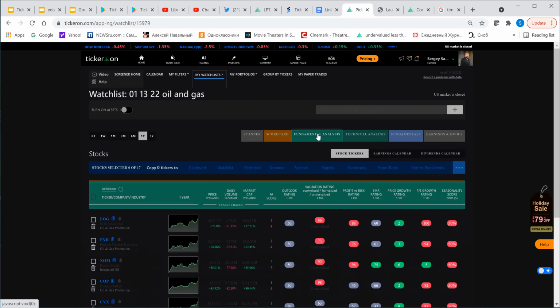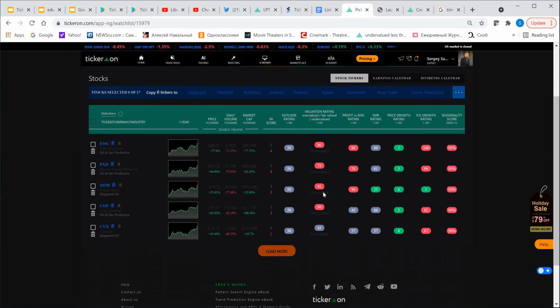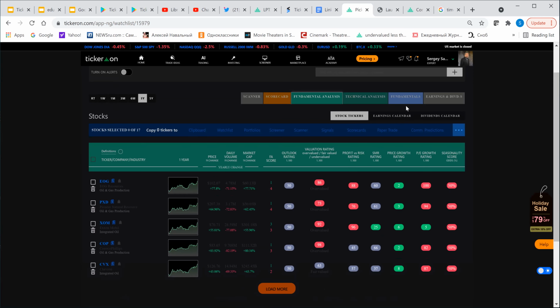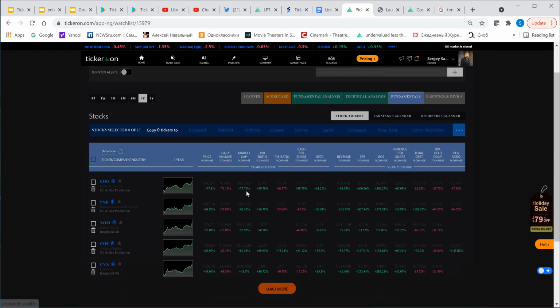Then this is fundamental analysis data. We have our own ratings, like the price to growth rating, and we also give raw fundamentals like market cap, PB ratio, P ratio, cash per share.